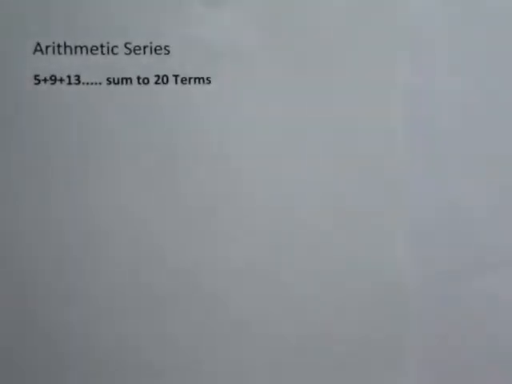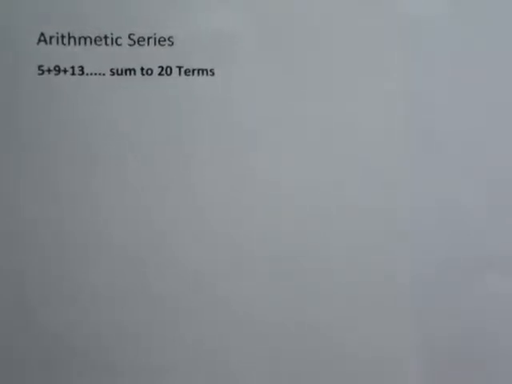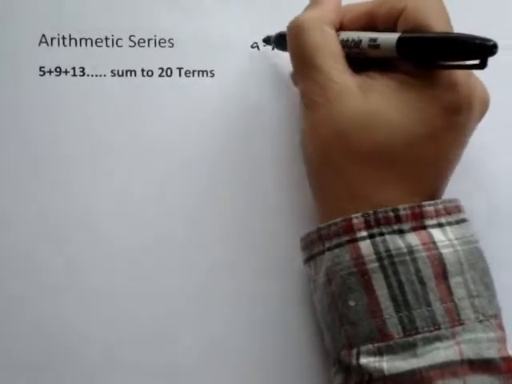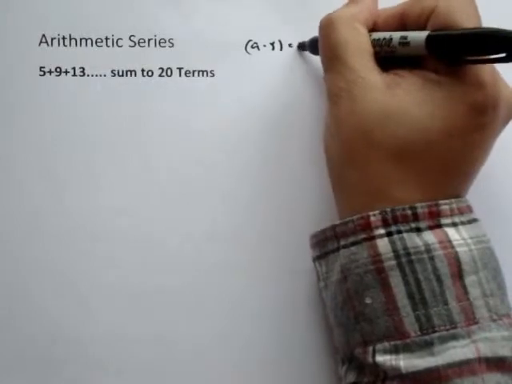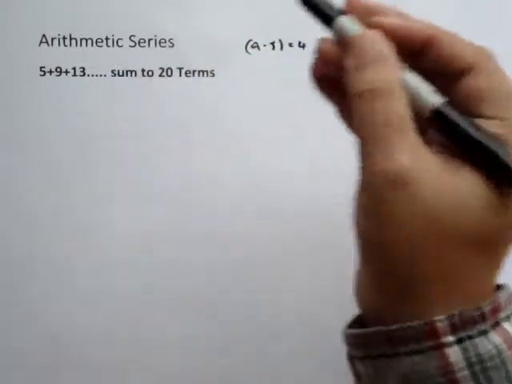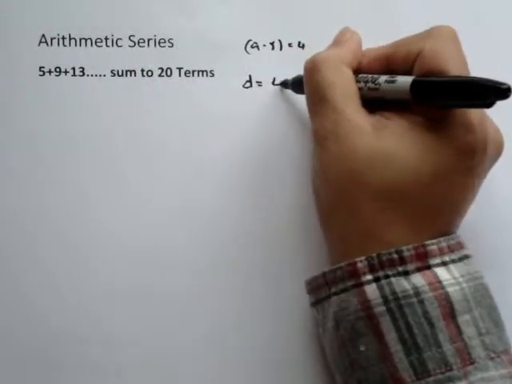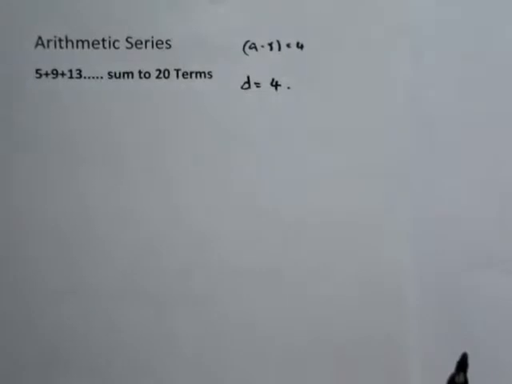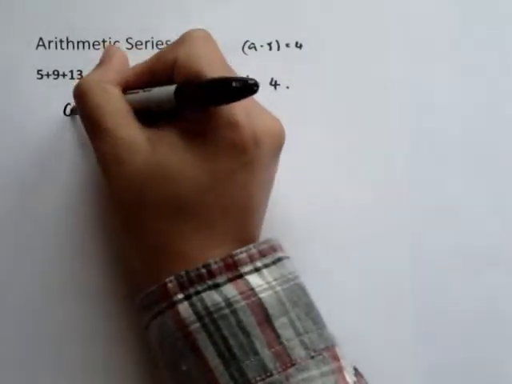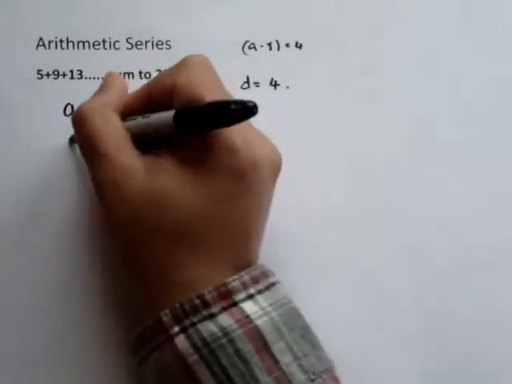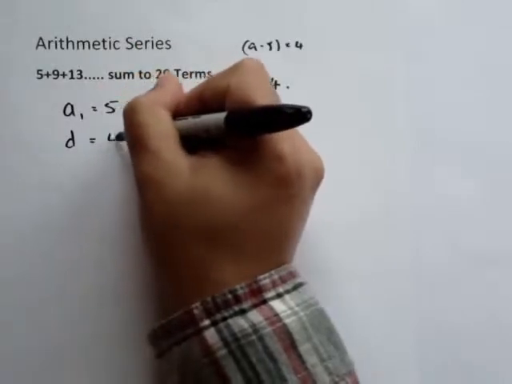In this, we're asked to find the sum to 20 terms. First of all, make sure it is an arithmetic series. So 9 minus 5 equals 4. So 13 minus 9 again is 4. So the common difference d is 4. So we want the sum to 20 terms. The first term is a sub 1, which is 5, and the common difference is 4.